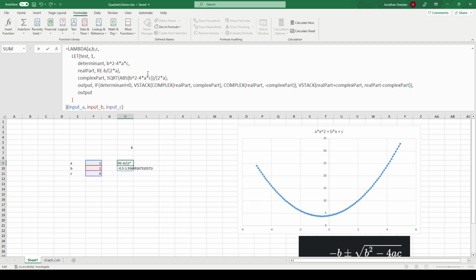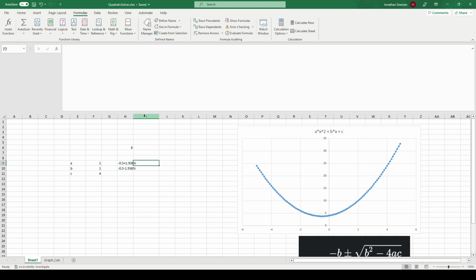We're going to say that the real part is going to get rounded, and I think 4 decimal places is enough. So we'll add a 4 there, and then we'll round off the imaginary part. Enter, and there. That's a little bit more digestible.